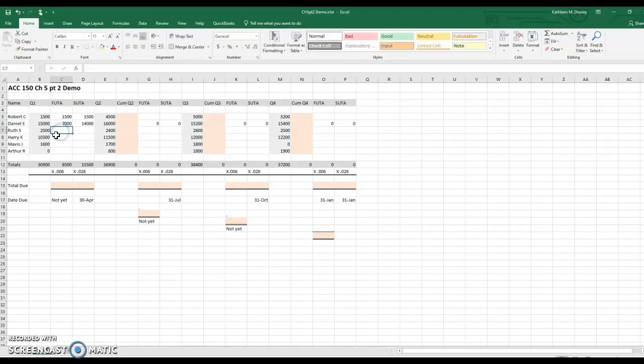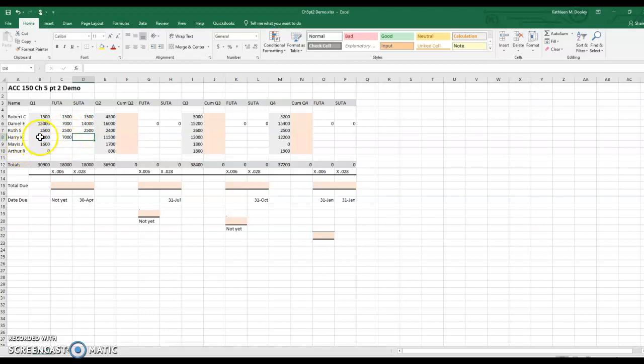Now Ruth is $2,500, and that's well below the maximum, so all of Ruth's wages are going to be taxable for both FUTA and SUTA. Harry K is $10,300. That is over the FUTA maximum, so we'll use the FUTA maximum as his taxable wages for FUTA.